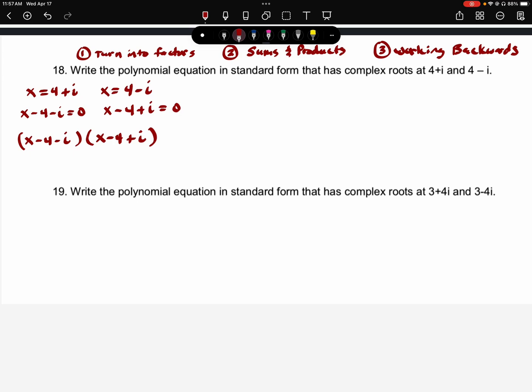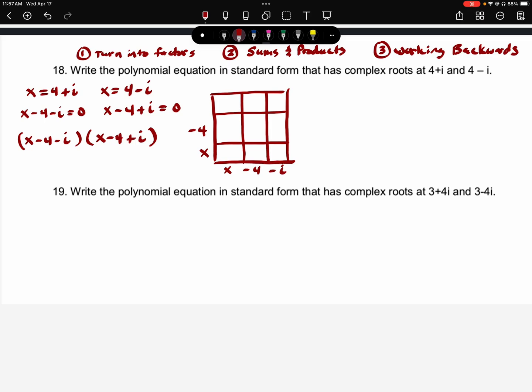Now, if you want to multiply those two factors together, right, this is where you would use a 3 by 3 area model. So we'd say x minus 4 minus i and x minus 4 plus i. And let's just go ahead and multiply them together. We've got x squared, negative 4x.